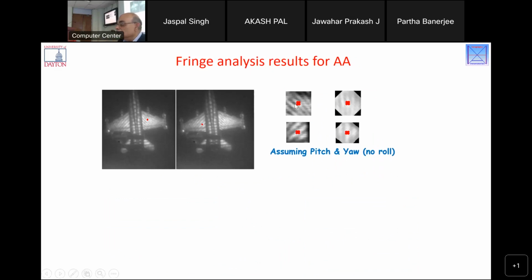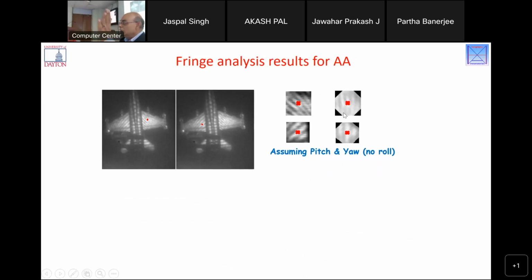But then, the fringe analysis really means that what you need to do is at a certain point over there, you need to find out the period along x and the period along y. Okay, and you also need to find out the angle. So you need to write some software program. So the way to do that is we took this one and put it through a rotation matrix such that the fringes, say, became vertical.